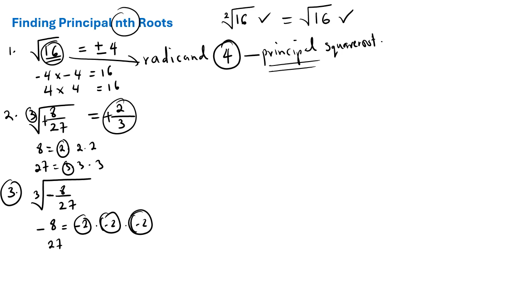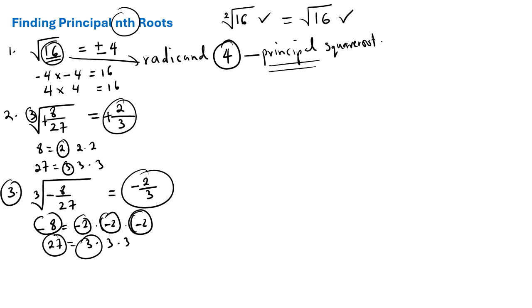If we multiply all these three numbers together, all with the negative sign, it goes back to -8. So if we're looking for the principal third root of -8 over 27, you get -2 divided by, we know 27 factors into 3 times 3 times 3, so we just pick one of them, 3. In this case, -2 over 3 will be the principal third root.